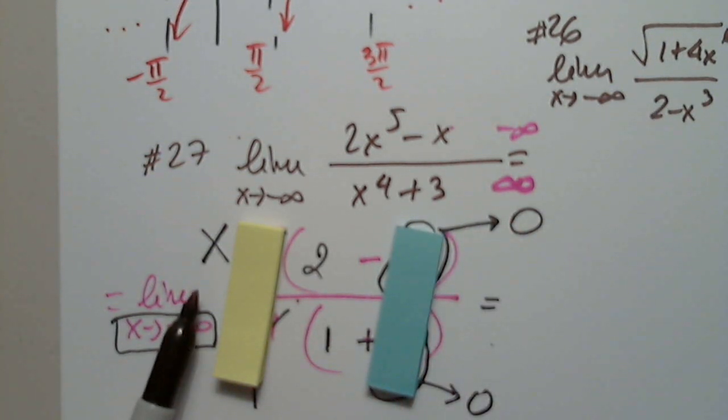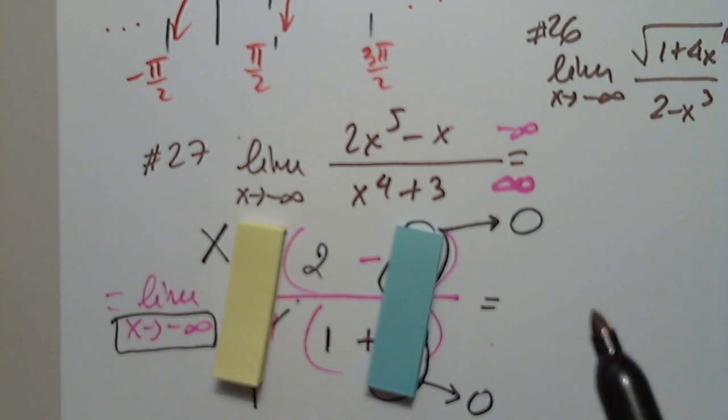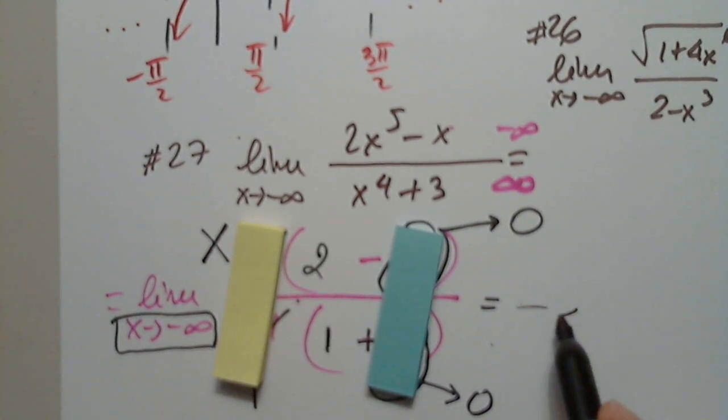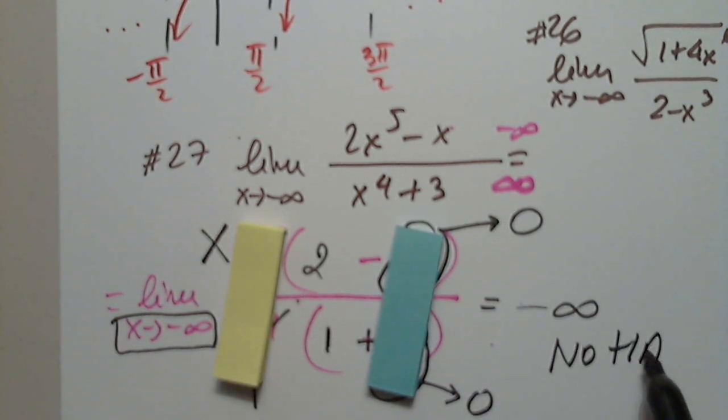Don't forget the x in front and 2 over 1. When x approaches negative infinity, what do I write? That would be negative infinity. Since the limit is as x approaches positive or negative infinity, and the answer is negative infinity, no horizontal asymptote.